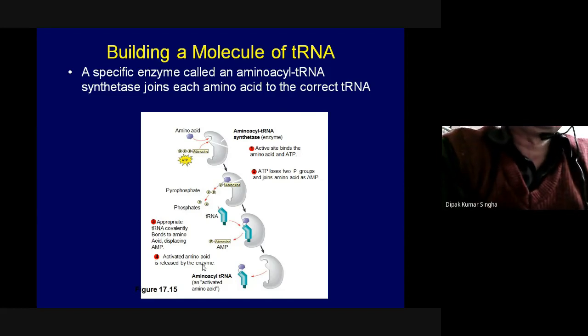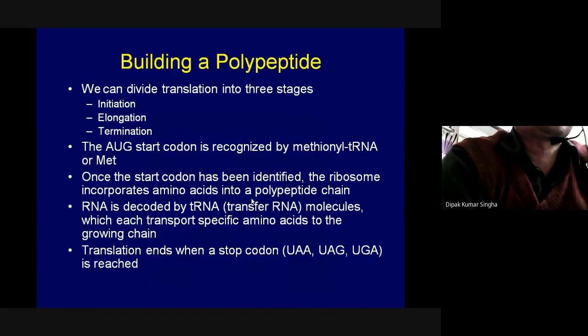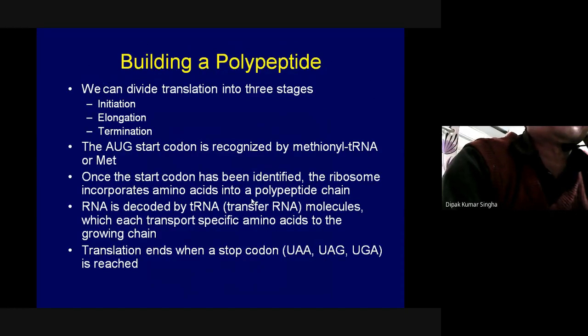Next, number 3, the appropriate tRNA is covalently bonded to the amino acid, displacing the AMP. The activation of the amino acid is catalyzed by the enzyme aminoacyl-tRNA synthetase, as in the figure. So the amino acid binds to the tRNA to build a polypeptide. We can divide translation into three stages: initiation, elongation and termination. AUG is the start codon.